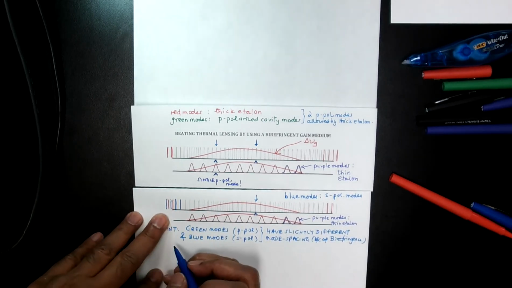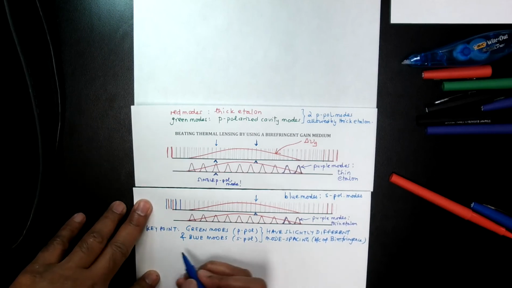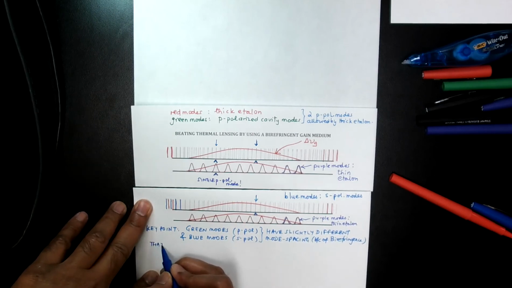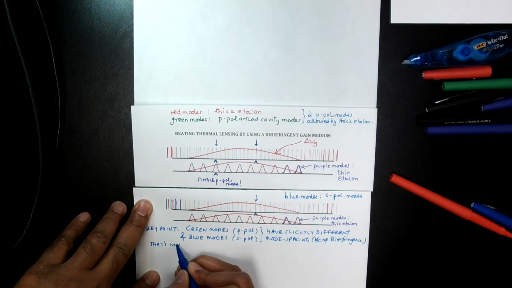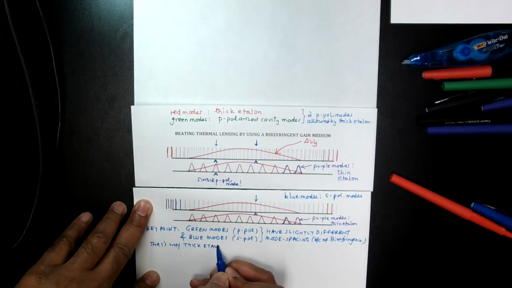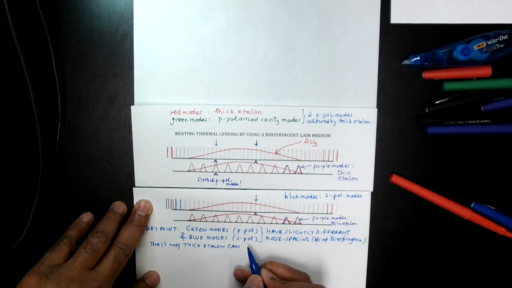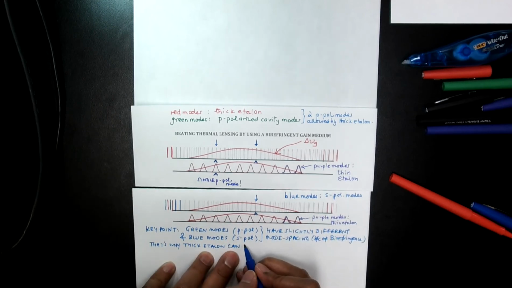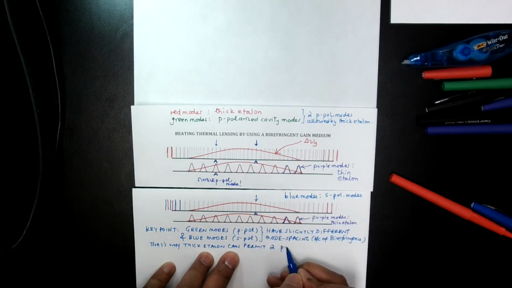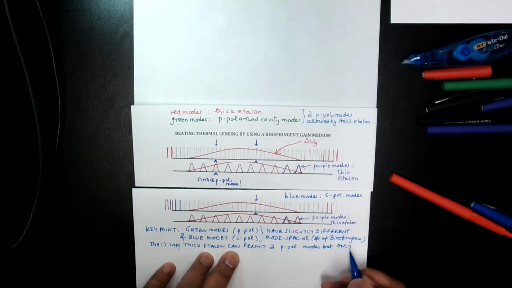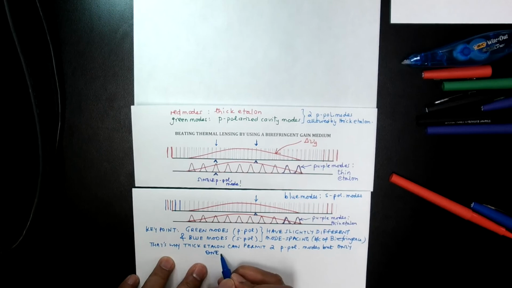So that's why the thick echelon can permit two P-polarized modes, but only one S-polarized mode.